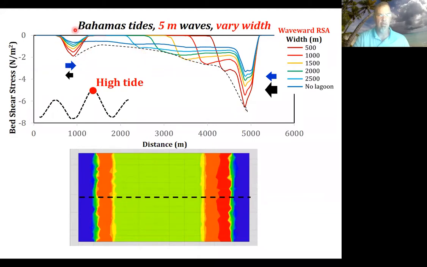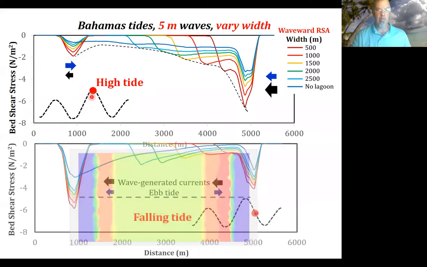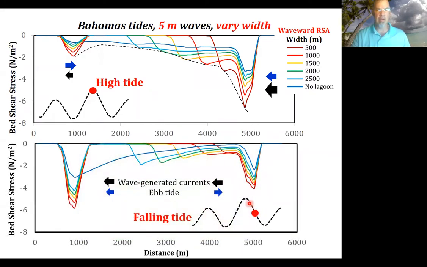The leeward margin shows more or less the same decreasing trend, but it's not as high as this side, because we have waves and incoming tides adding together here. Here the wave-driven currents pushing across this side are counteracting the on-platform currents during the last stages of rising high tide. Now, we can also see what happens during falling tide, and these are just 1 meter tidal range.